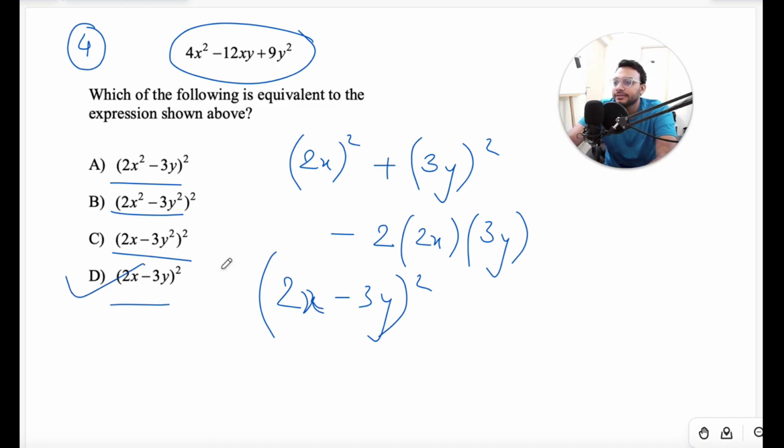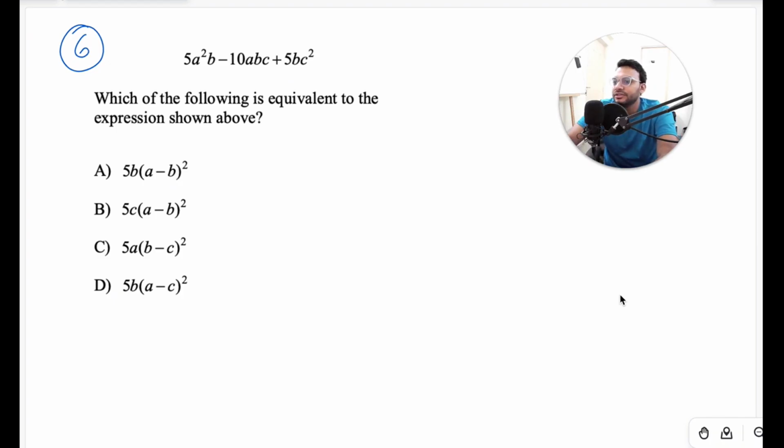Okay, let's go for the next one. Question number 5. 5a squared b minus 10abc plus 5bc squared. Which of the following is equivalent to the expression shown above? Okay, so we see that the factor of 5 can be taken out in common. What else can be taken out? The b can be taken out, since b is present in all three terms.